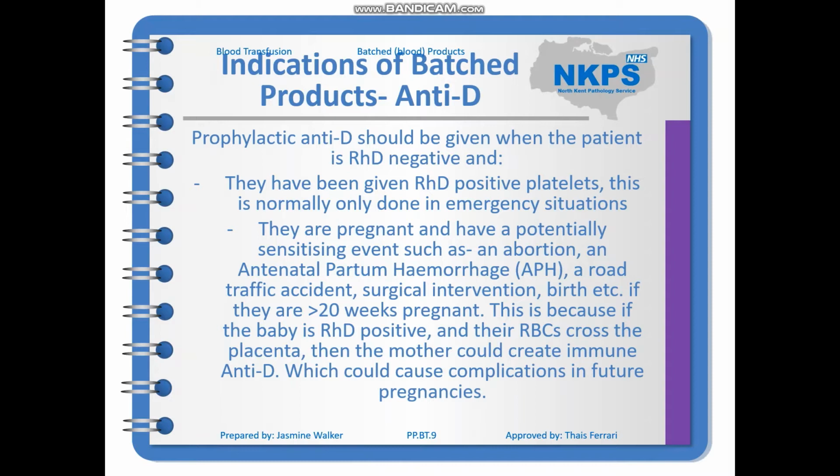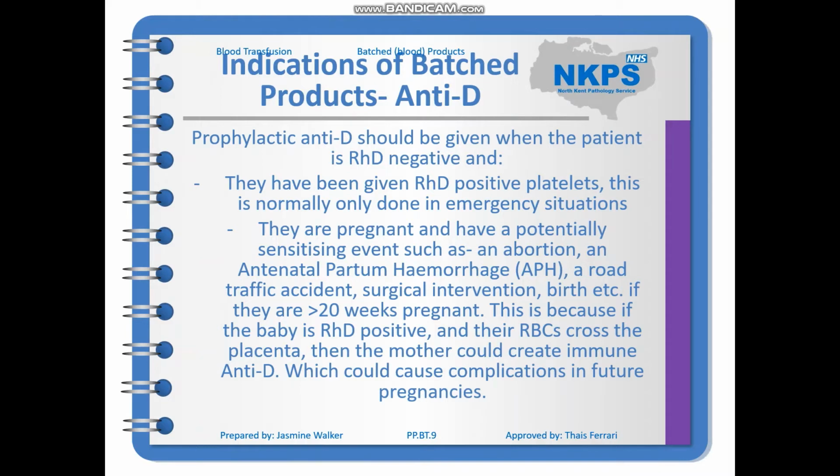The next, and the most common use of prophylactic anti-D, is for pregnant women who are RhD negative and have a potentially sensitizing event. So a potentially sensitizing event is anything where they are exposed to a foreign antigen and therefore could create an antibody.